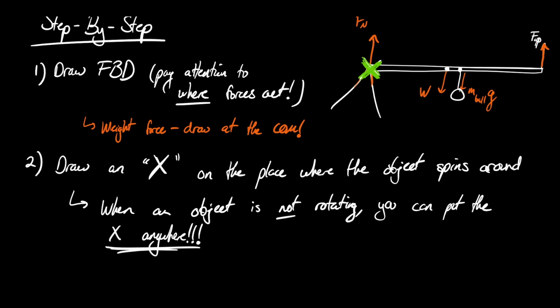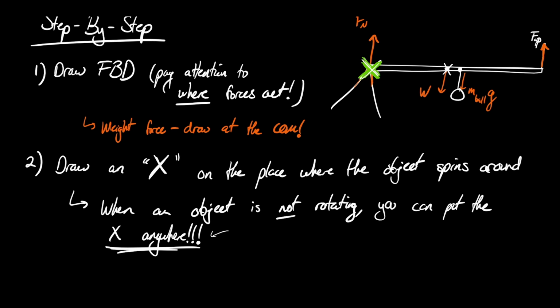Now, this might not make any sense. It didn't to me. The reason you're allowed to put the X anywhere is this. We just did the problem with the X over on the left, but let's say I put the X here instead.